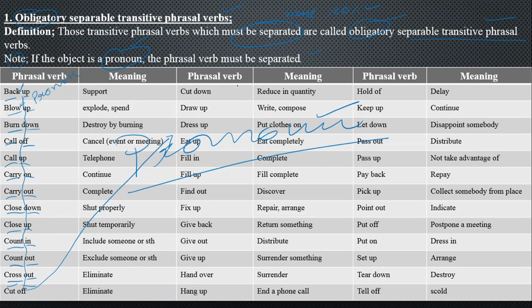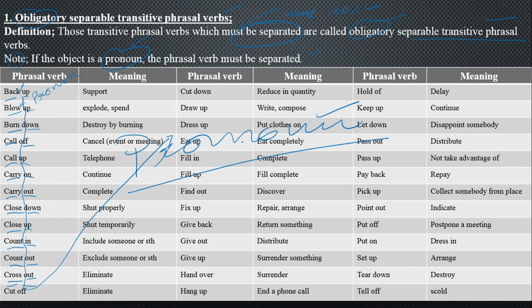That is obligatory for you. Why? Because it is a pronoun, so you must separate them. Those transitive phrasal verbs which must be separated, there is no compromise, you need to change them. It is necessary because your object is a pronoun.